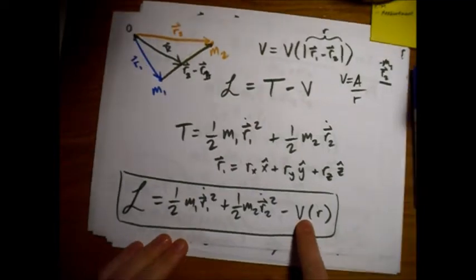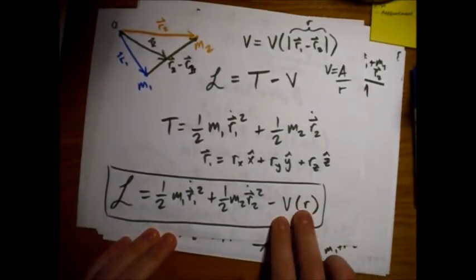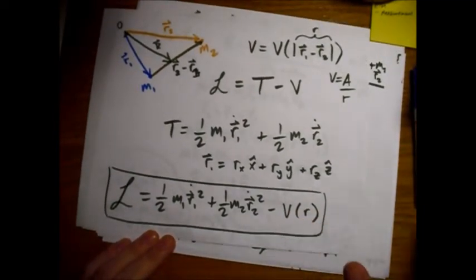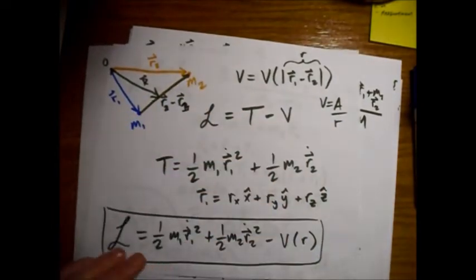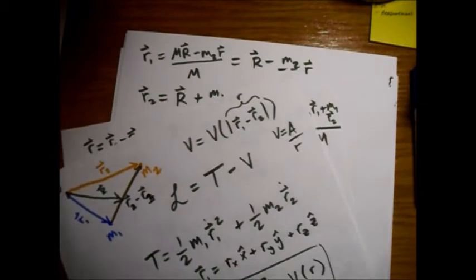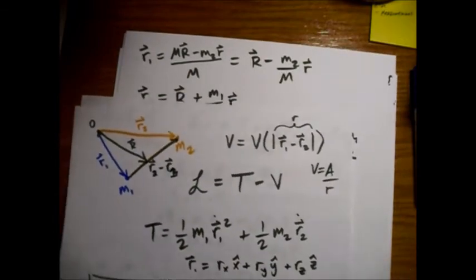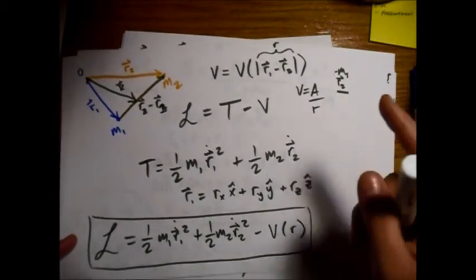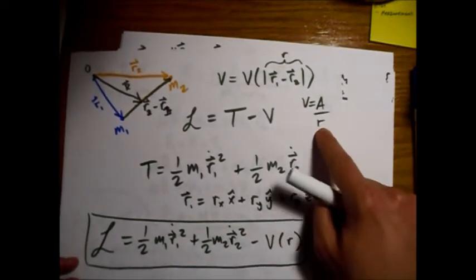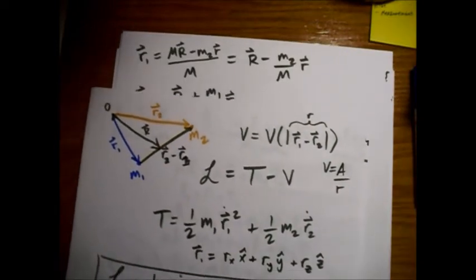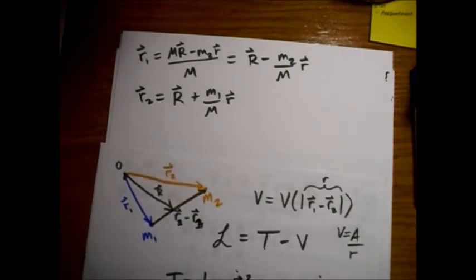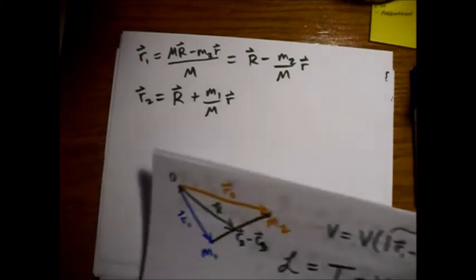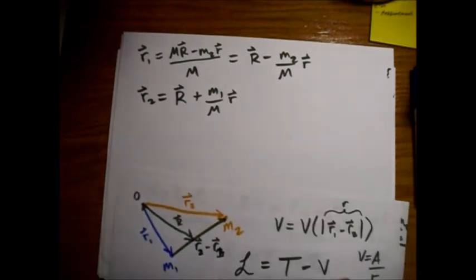We're going to leave this V in this general form, which just depends in some way on the magnitude of the separation between the two. The most important example of that is a 1 over r potential, or a 1 over r squared force between the two, which you find in electromagnetism and gravity, pretty much the important cases you'll encounter.